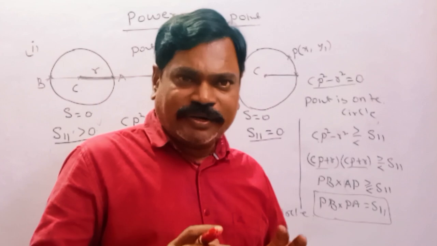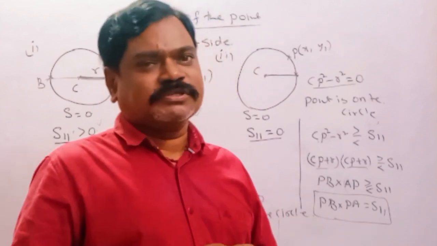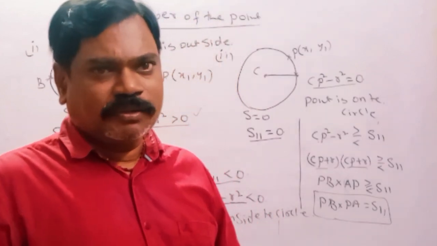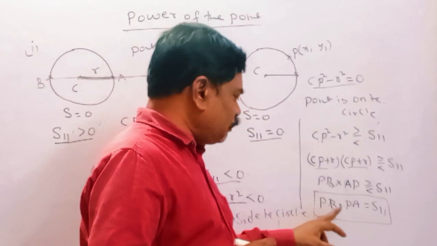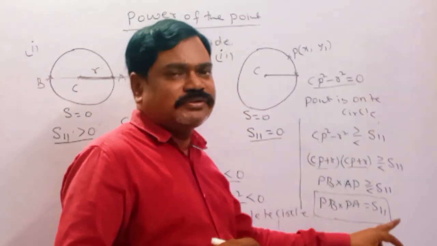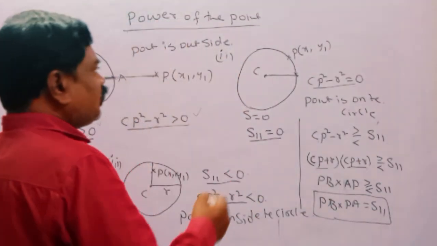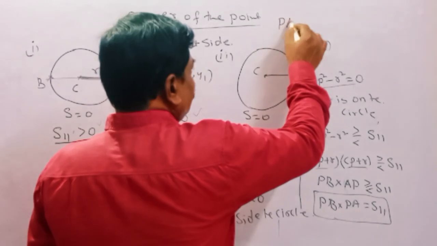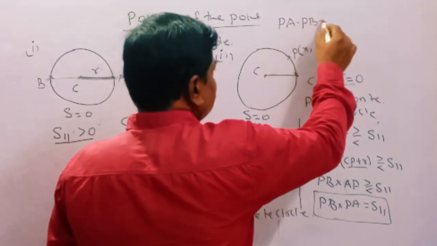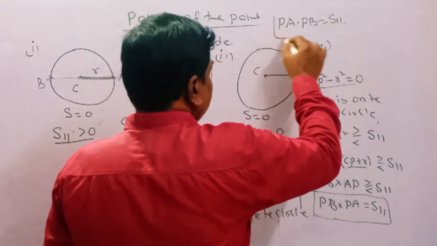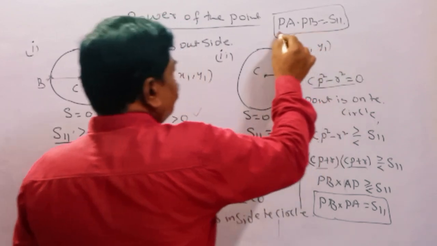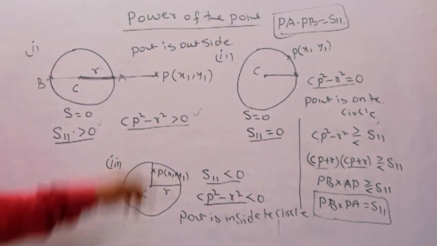So we conclude that PA into PB is equal to S11 is the power of the point.